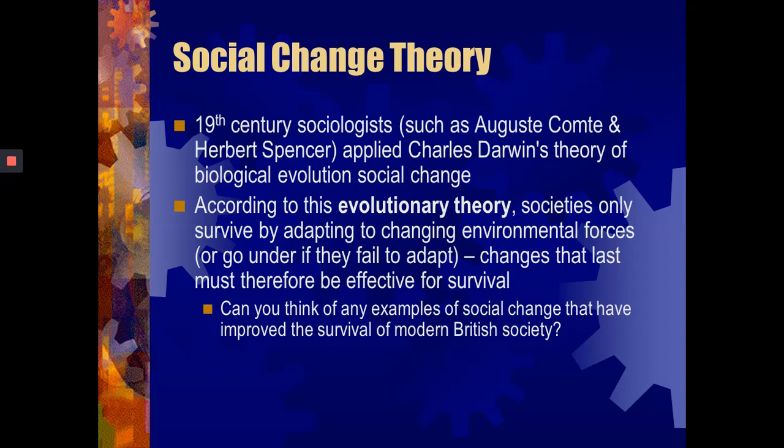If that's true of the realm of the body, then Auguste Comte and Herbert Spencer argued it was probably true of society as well, that there are significant changes that happen in societies, and these happen as adaptations to alterations in the environment, significant weather changes, earthquakes, famines, plagues, that sort of thing, but also significant changes in more human elements, like being invaded by a foreign country or going to war with another country that may cause massive social change, or a brand new religion sweeping the world can cause massive social change.